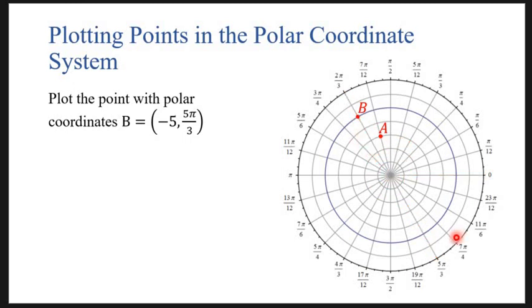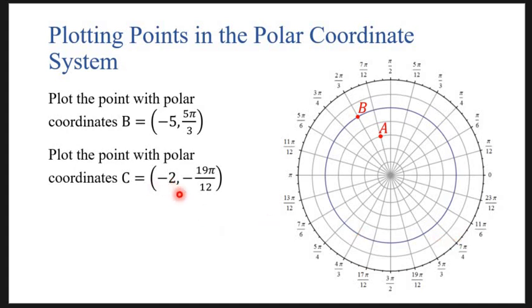So let's try and graph this point C that has both a negative angle and a negative radius. So first I'm going to find that negative angle, negative 19 pi over 12. Well, positive 19 pi over 12 is here just beyond that 270 degree quadrant angle, or that 3 pi over 2 quadrant angle. So if I'm going in the negative direction, I'm going clockwise.